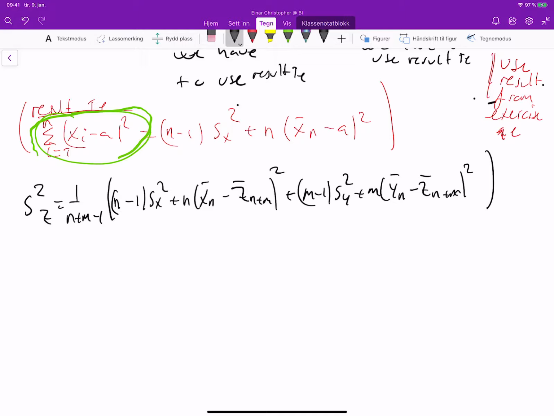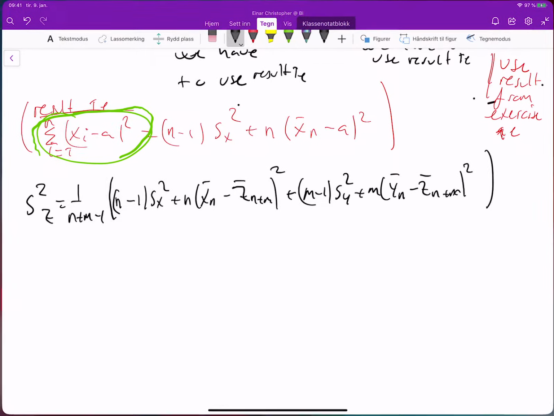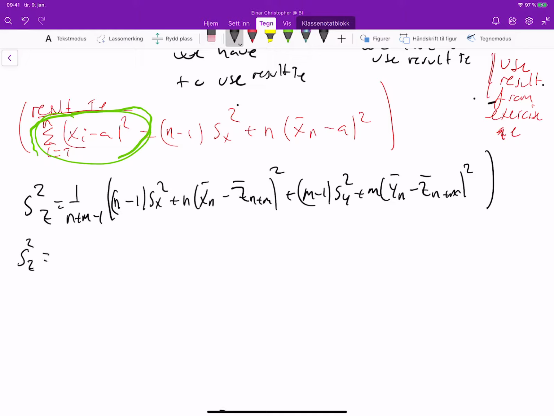So now I actually will multiply this inside the parenthesis. So then we get s set in the power of 2 equal 1 divided on n plus m minus 1, n minus 1 sx in the power of 2 plus n over n plus m minus 1. I can more easily write n minus 1.